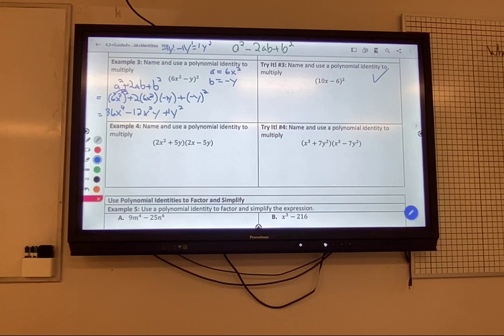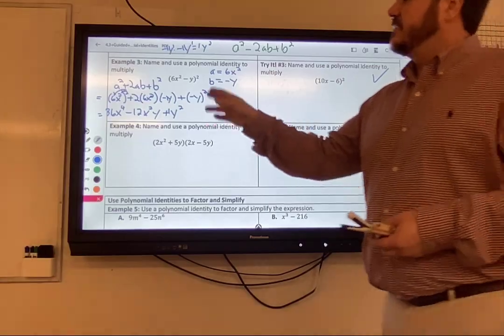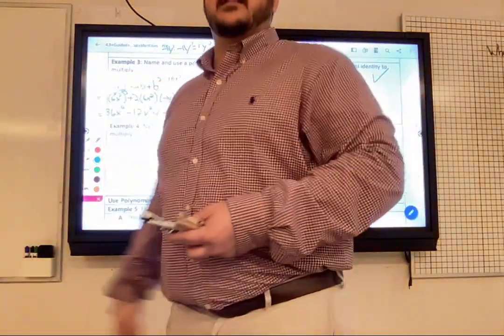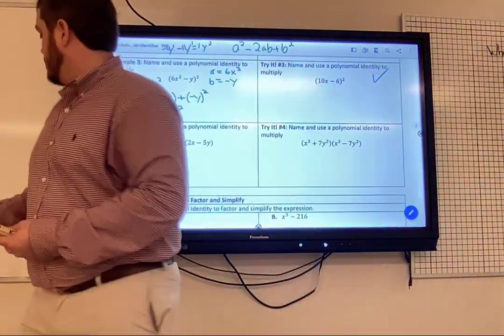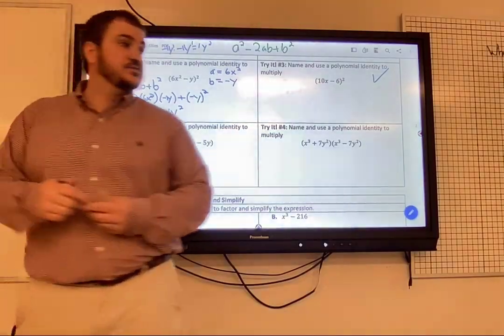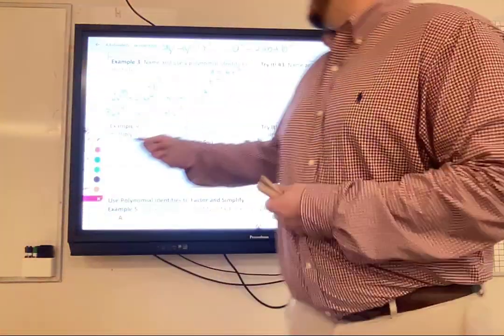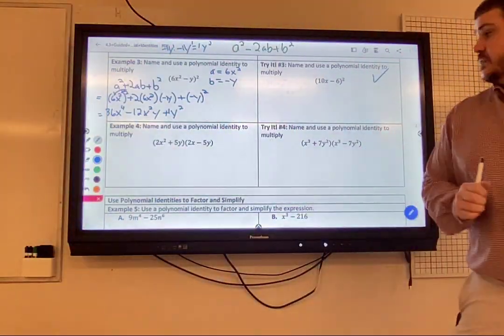I'm not going to work it out, but you'd have done 6x squared negative y, 6x squared negative y. I could tell last week, the day we had a lot of people missing, y'all were putting them up here and y'all were rocking it. You can do all of these that way. If you are good with the box method or distributive property, you're going to get the same exact answer we just got right here. All right.